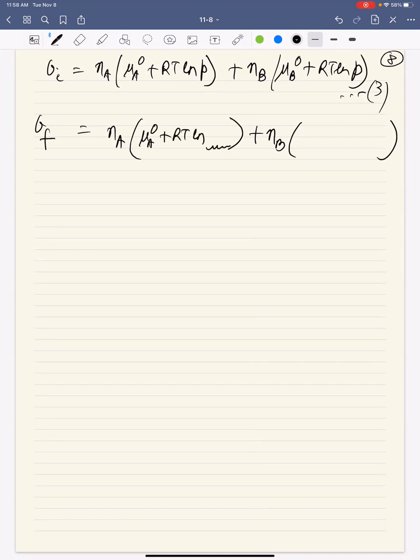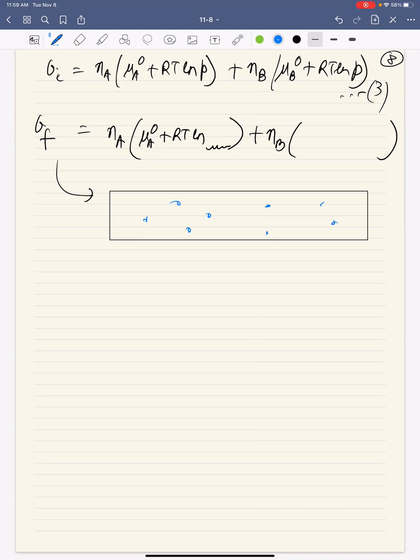We have to think about the pressure carefully. So let me draw the picture for you. GF corresponds to a box in which the blues are all now mixed with the reds.